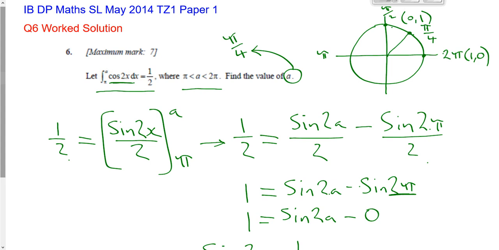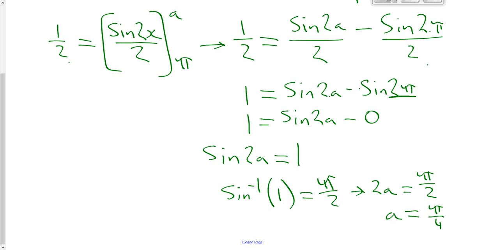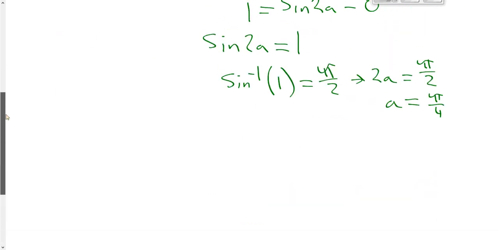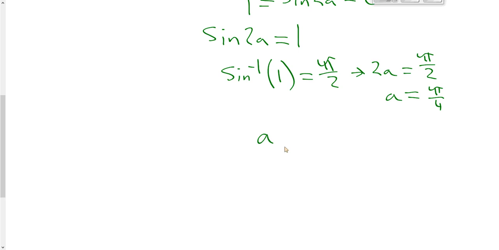So the corresponding angle is going to be pi plus pi over 4. Okay, so this is actually between our 2 points of pi and 2 pi. So to satisfy the question, a is equal to pi over 4 plus pi, which will be equal to 5 pi over 4.